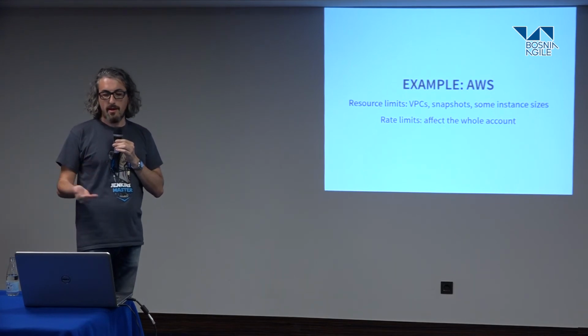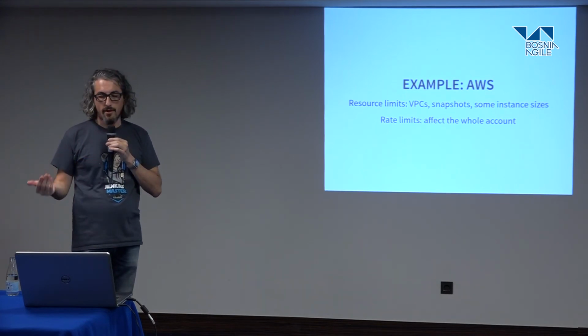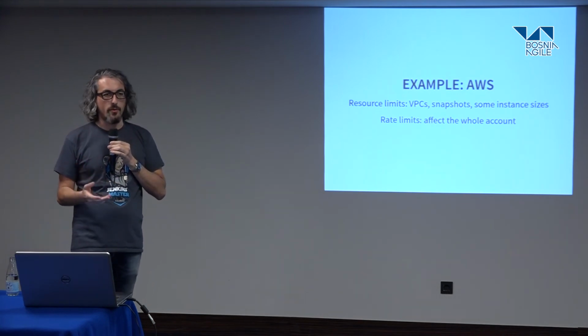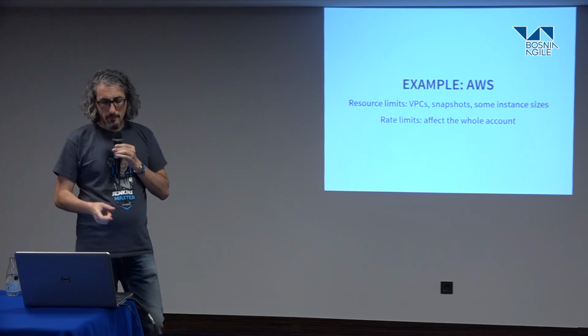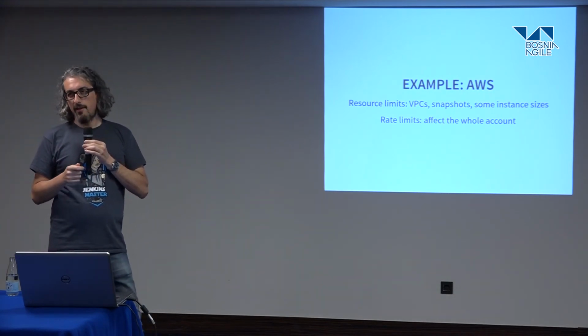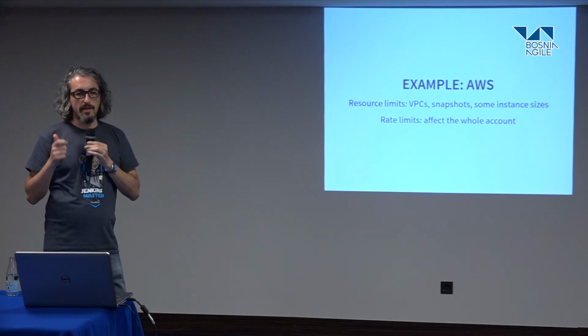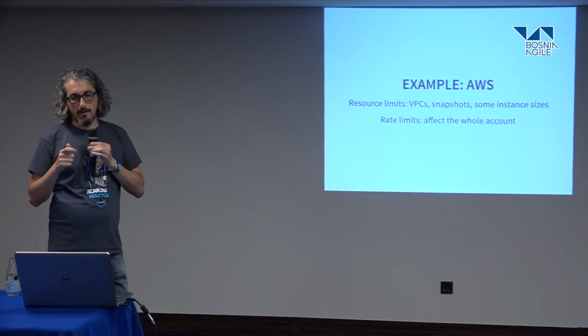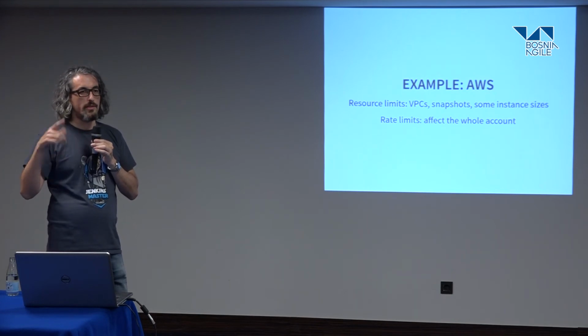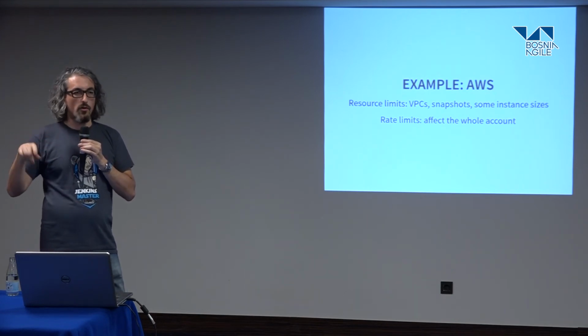There are only so many virtual private clouds, number of snapshots, and instance sizes that you can request. You are limited, and you also have rate limits that affect the whole account. We were doing some testing, and one of our services was requesting too many snapshots very concurrently.